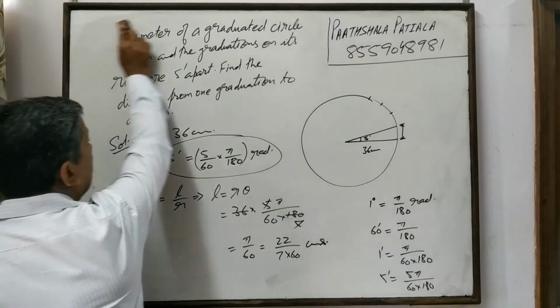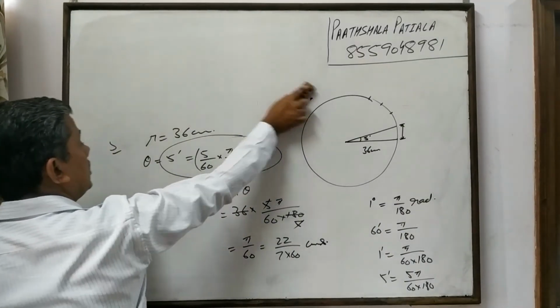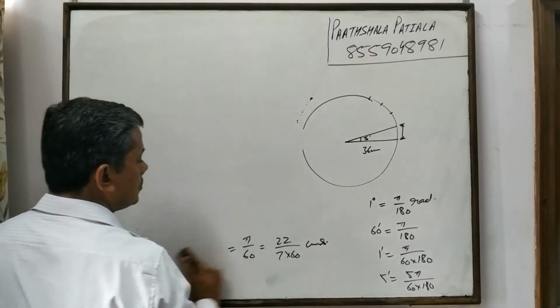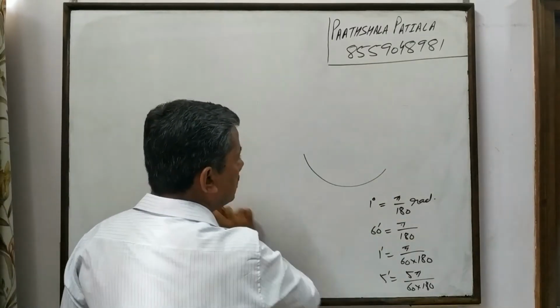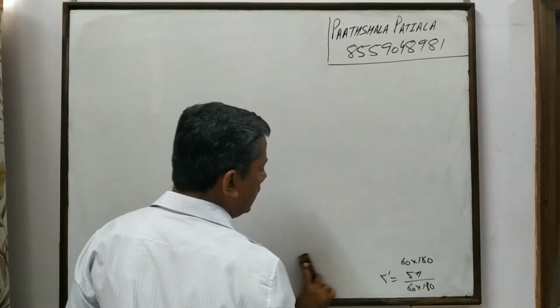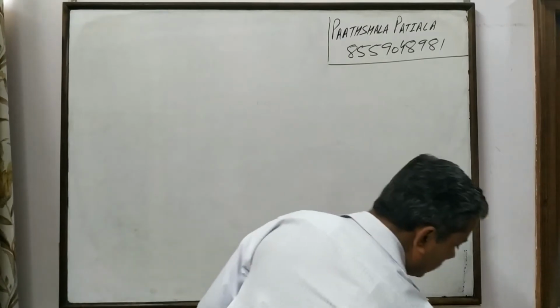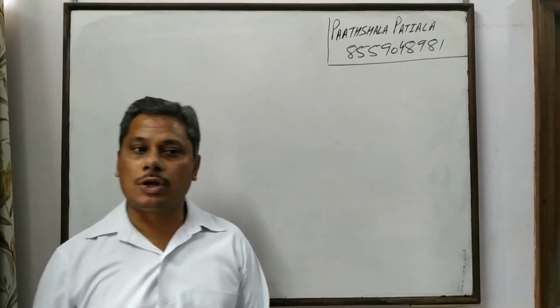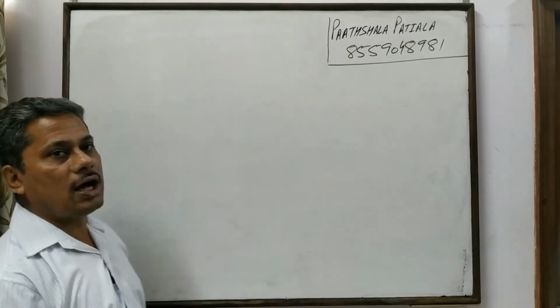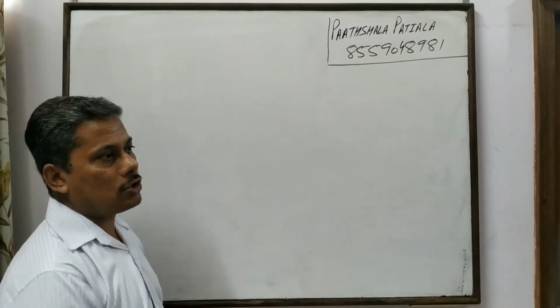Now before proceeding further, one thing you need to understand: if the angle is small and the radius is large, then the arc length is approximately equal to the chord.